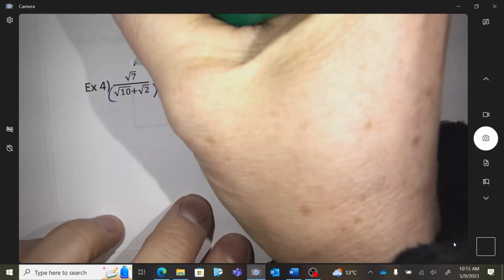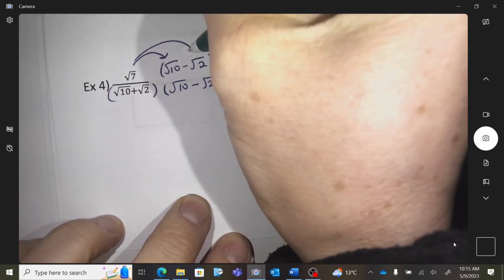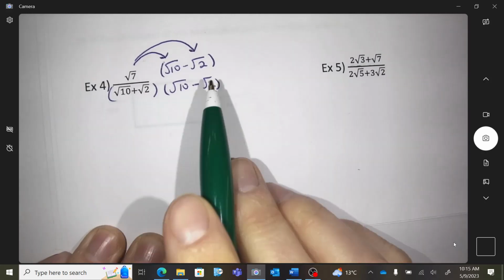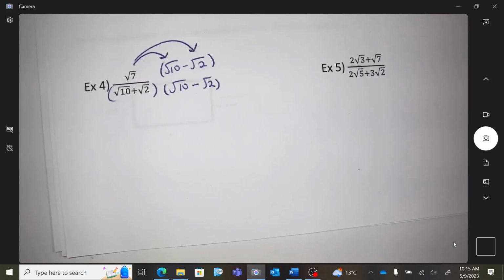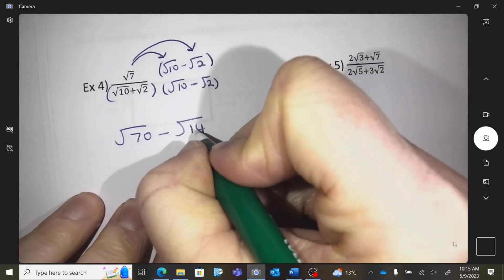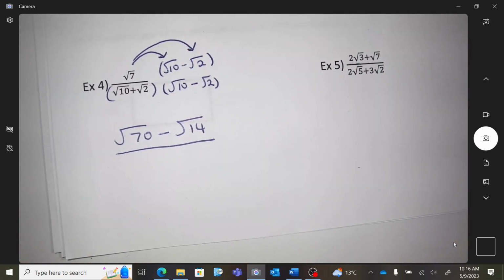Now on the top, how do you multiply a single times a binomial? I need this from you. Can you distribute that out? Okay.